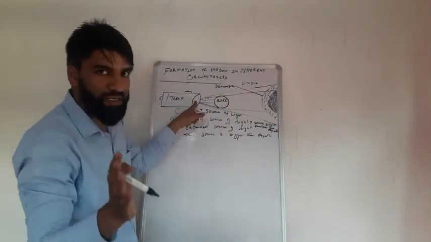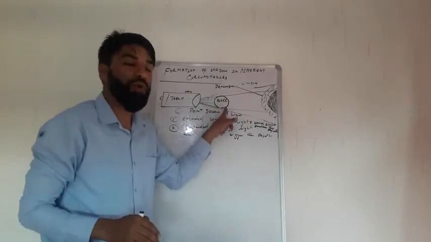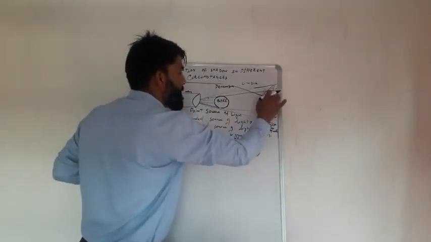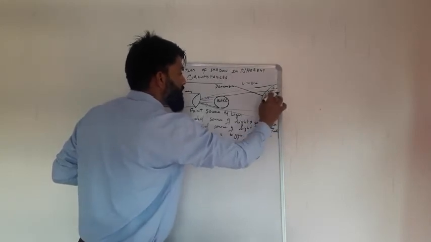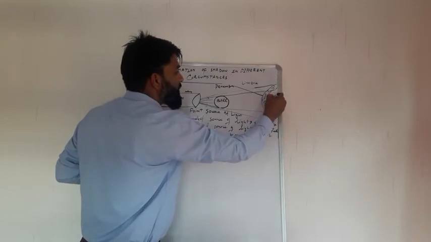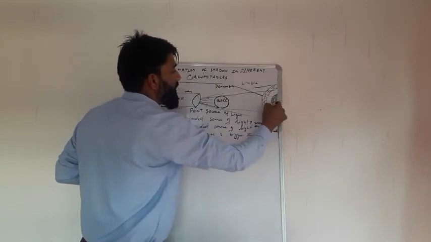The source of light is much bigger than that of the object. You will see that the shadow gets formed on the screen, but the penumbra region is bigger than the umbra region.